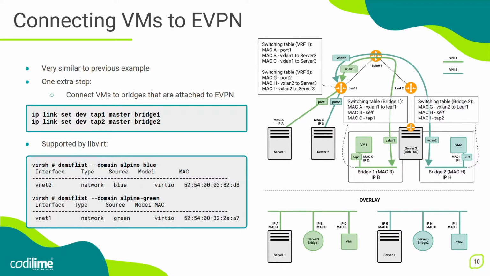We can assign the TAP interface to the bridge using the ip link set master command. That bridge must already be assigned to the VRF, so as soon as a packet leaves the virtual machine, it appears on the TAP interface, then goes to the bridge, and is handled by Linux and routed according to the routing tables inside that VRF.